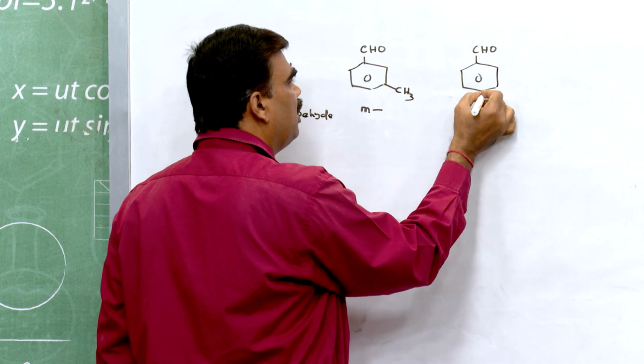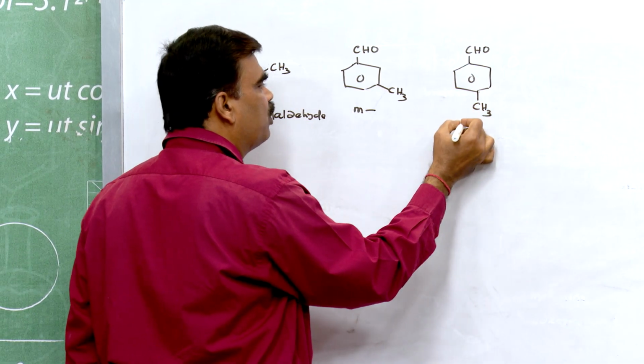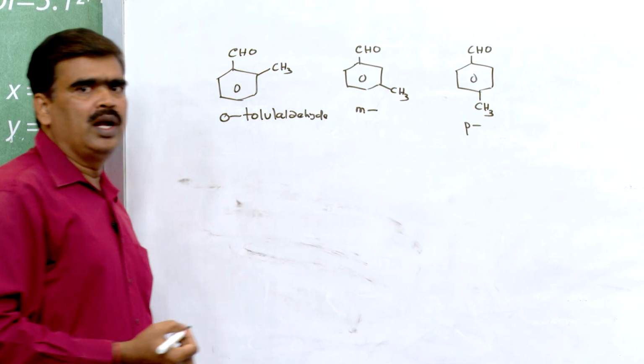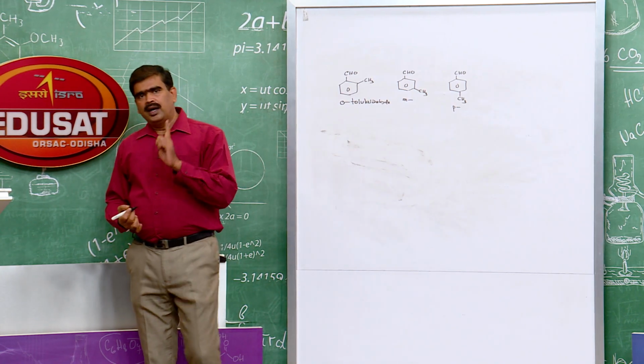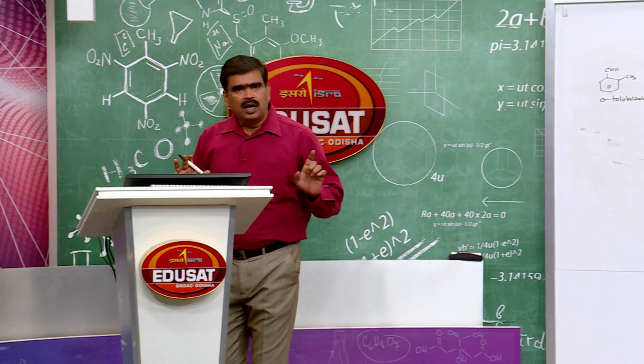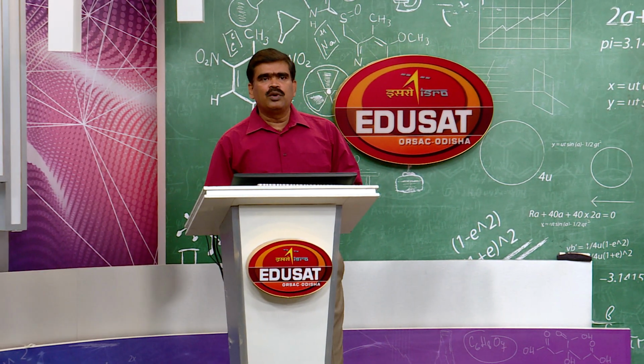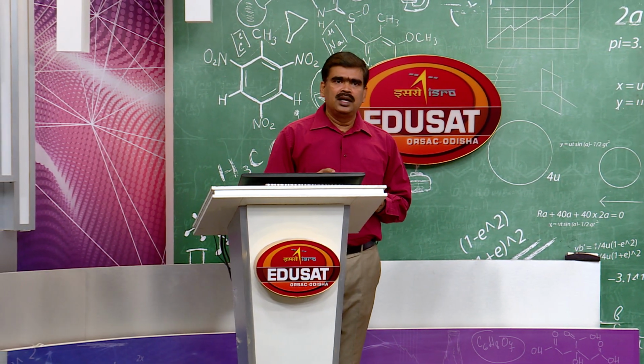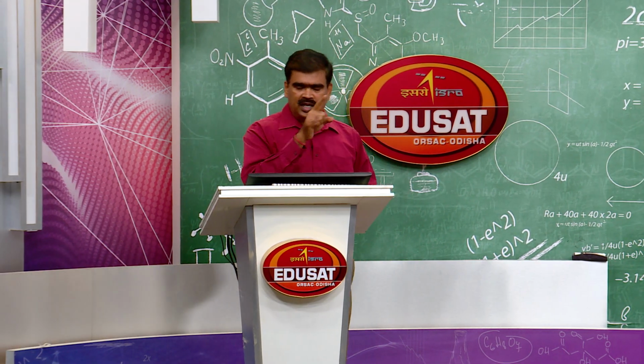CHO, I can place the methyl group at para position. So this is paratolualdehyde. So aromatic aldehydes can exhibit position isomerism but not aliphatic, because the position isomers of aliphatic aldehydes are nothing but chain isomers.